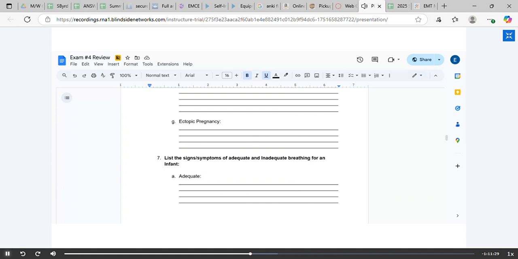The most common position, or the most commonly found place of an ectopic pregnancy, is the fallopian tube. Okay. And the tissue surrounding that growing embryo can't maintain the growth of that embryo. So the tissue will rupture at some point.